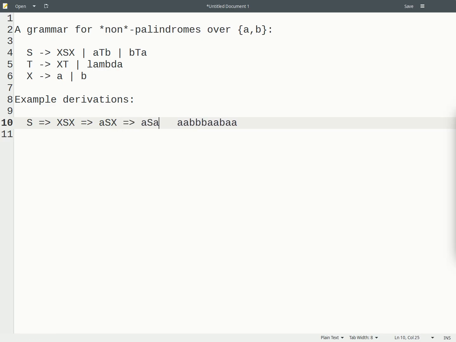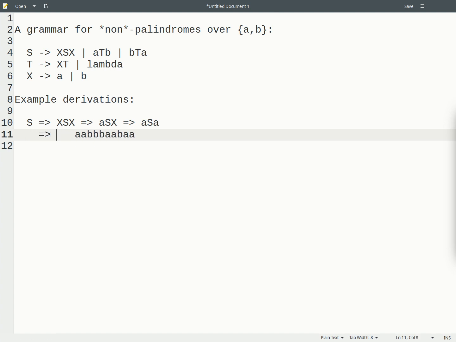Okay, so now we have derived the outside A. We can continue. We do it again. We again do 2 steps. Okay, now we've derived these 2 outside A's in the front and in the back.